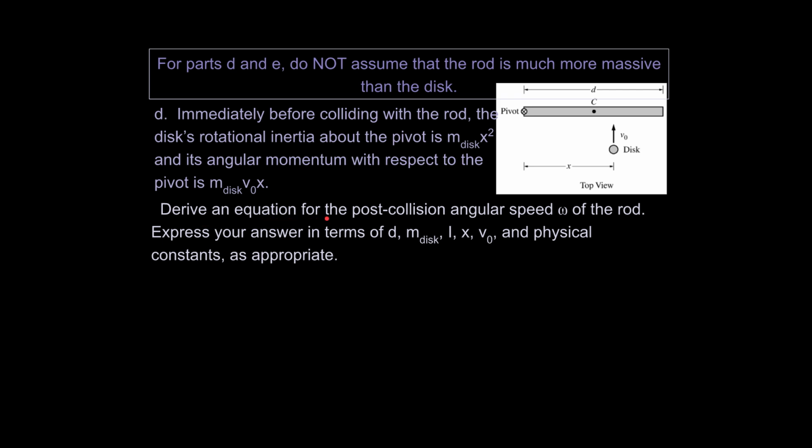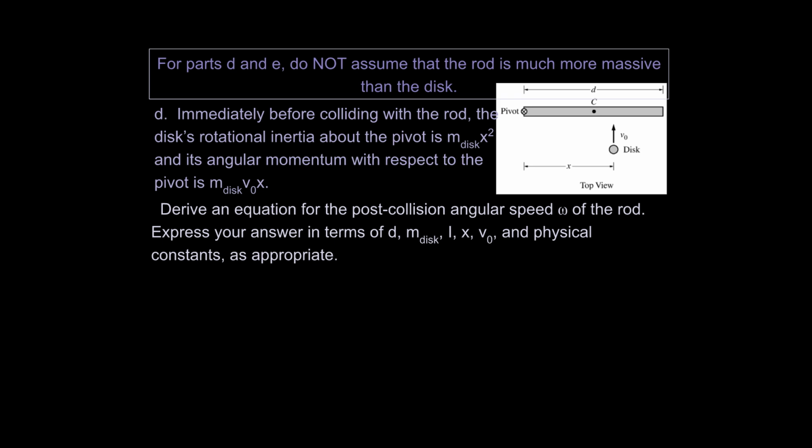It says derive an equation for the post-collision angular speed omega of the rod. Express your answer in terms of d, m disk, I, x, v naught, and physical constants as appropriate. So it is really important to get our final answer in these terms right here and to make sure we're labeling everything correctly. And if you don't do that, you don't actually get the point, believe it or not.